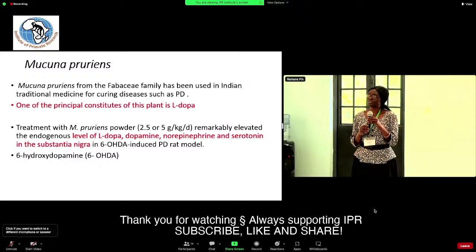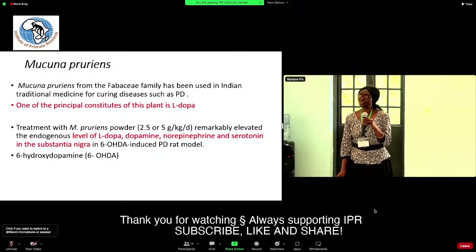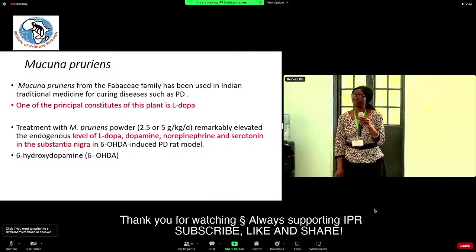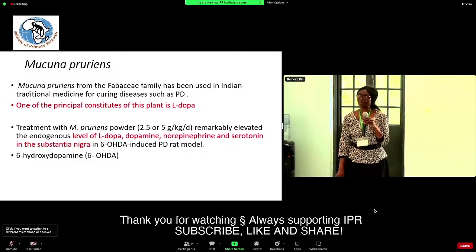So it is being used in the treatment, and when people use this medicine, it has been observed that there is remarkable elevation of endogenous levels of dopamine, norepinephrine, serotonin in the substantia nigra.